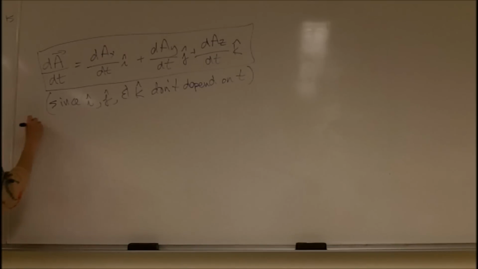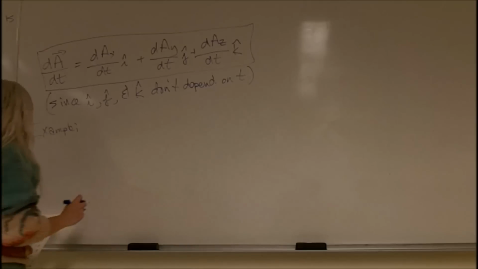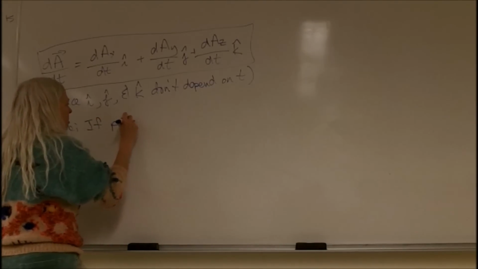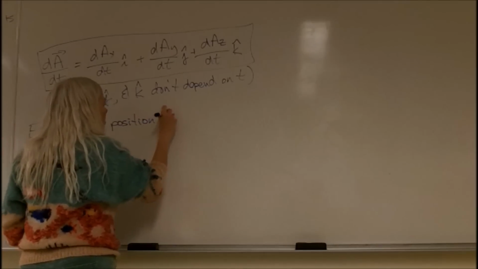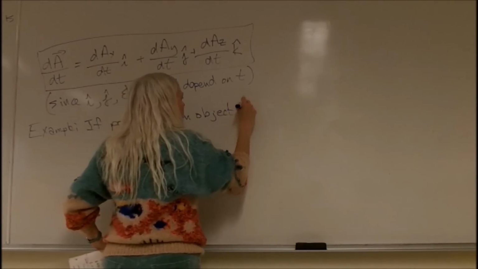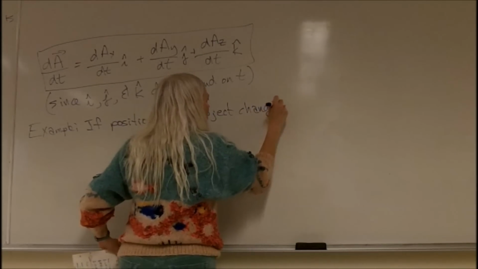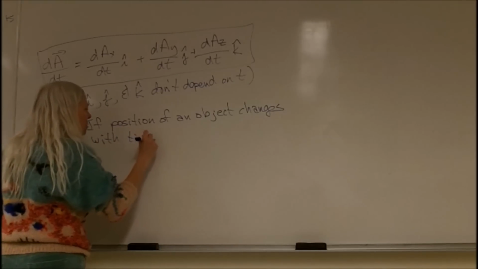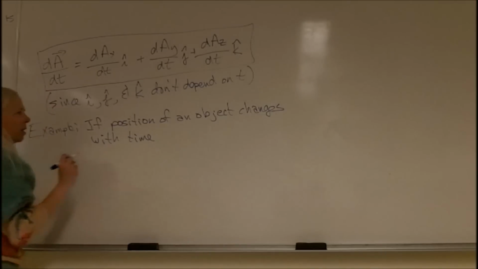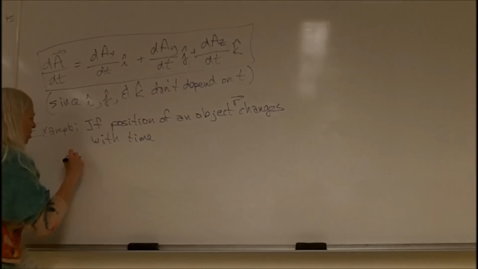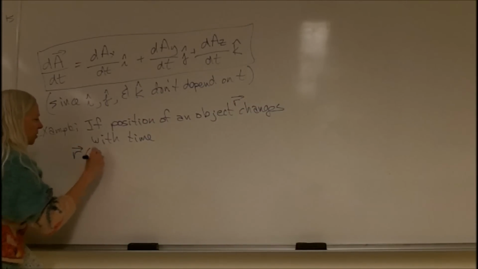Of course, some obvious examples of this. If the position of an object changes with time, so the position of that object, let's call it r, so in other words, r is a function of t.